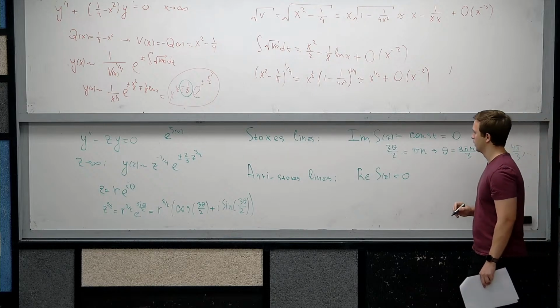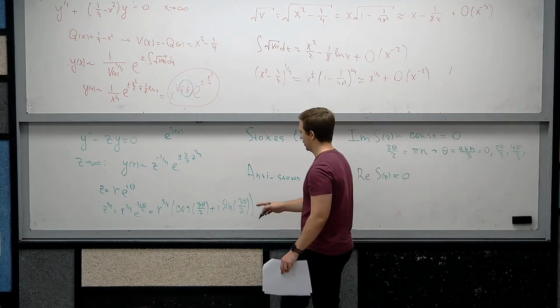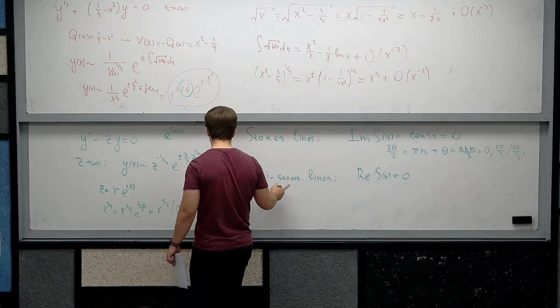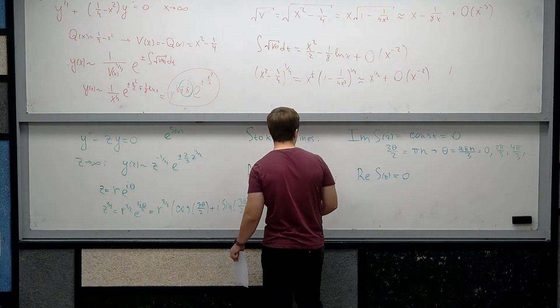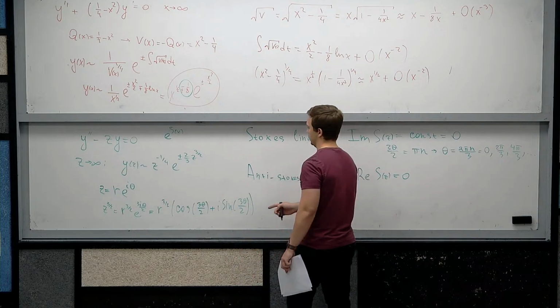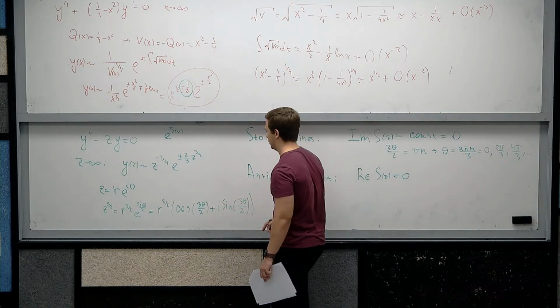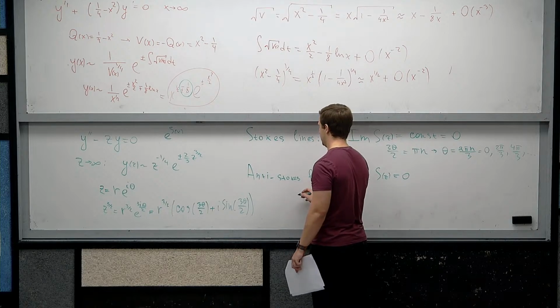And the same we can do with the anti-Stokes lines, but with cosine, because we want the real part of the solution to be 0.